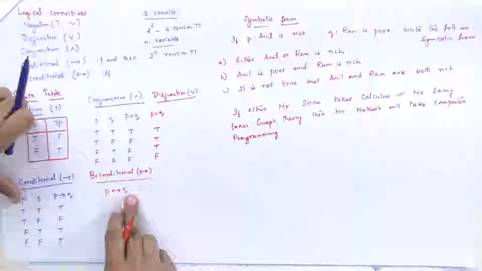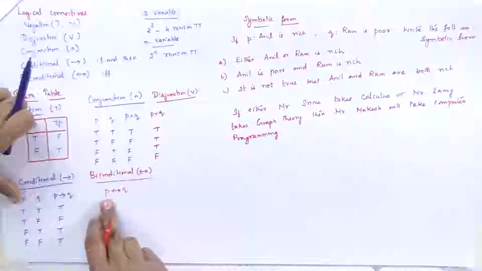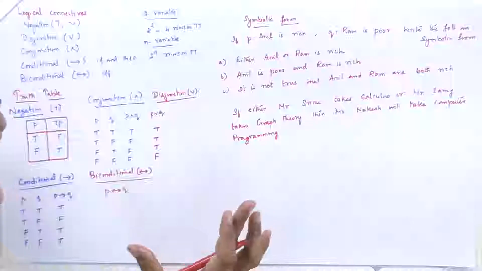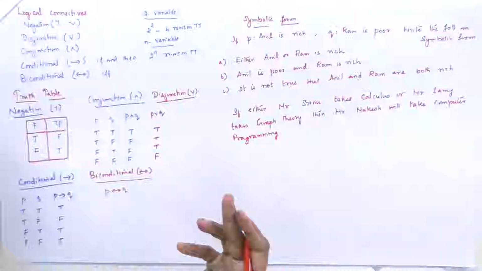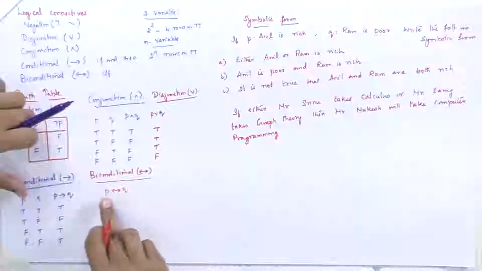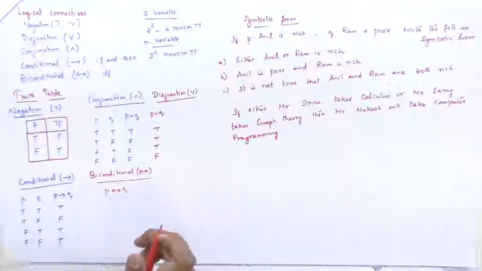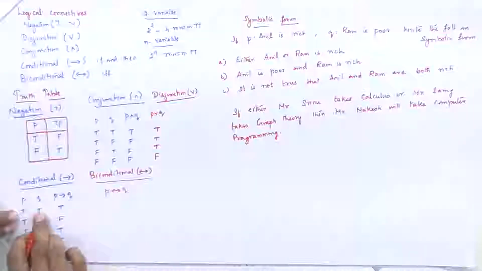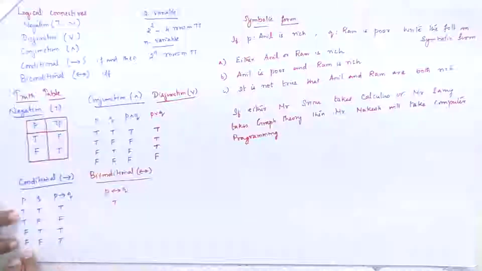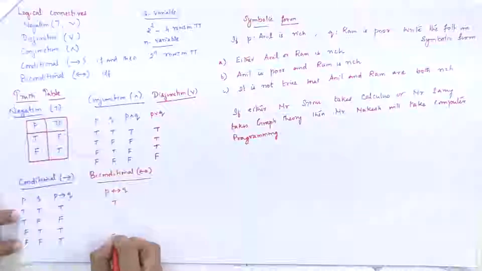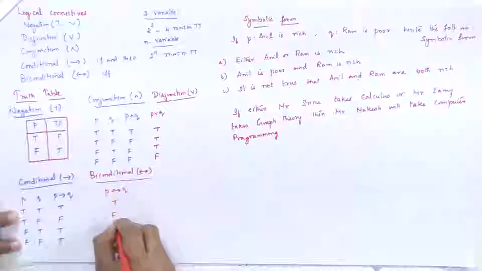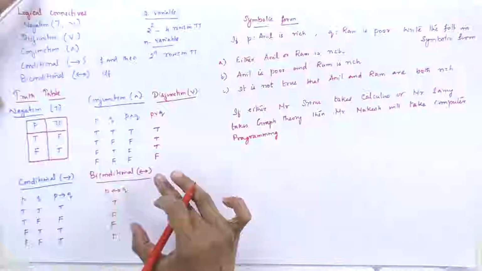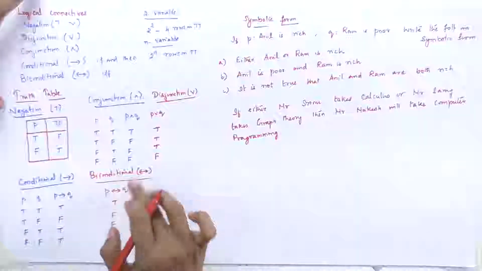If both P and Q have identical truth values, in the sense that both P and Q should have either TT or FF, then the resultant will be T. Here I have identical truth values, then it is T. Here also I have identical truth values, so it is T. Elsewhere it will be only F, right? Understood? So this is how we construct the truth table for the various connectives.